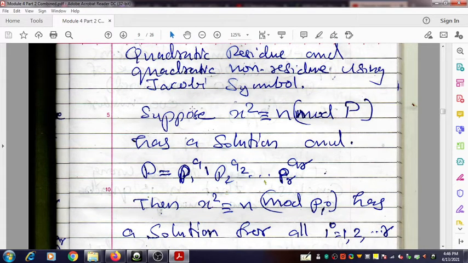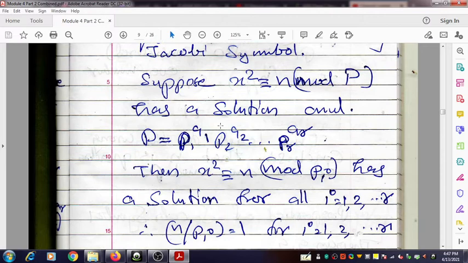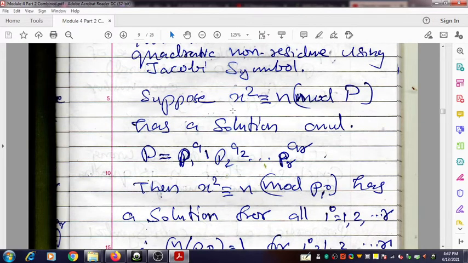Let's consider this quadratic residue equation: x square is congruent to n mod p, where p is the capital number. Suppose that we consider this equation.